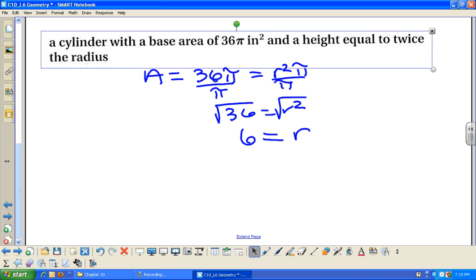And it says the height is equal to twice the radius. So if r is equal to 6, the height is equal to twice the radius, which is 12.